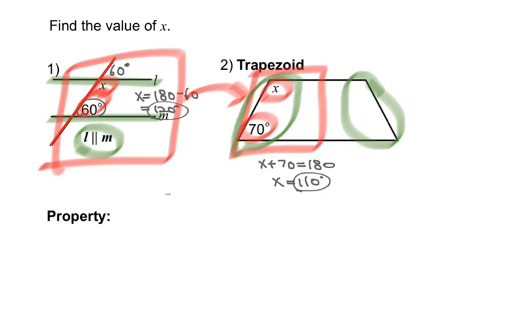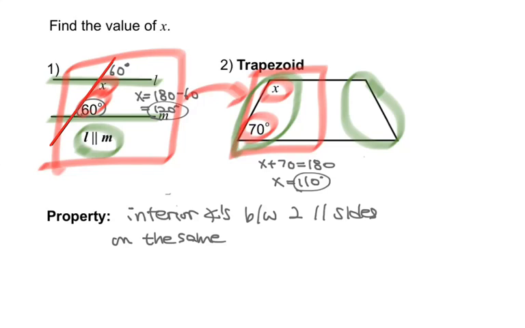So one of the properties that we can write is this: interior angles between two parallel sides on the same side are supplementary. So that's one of the properties which we get to realize here.